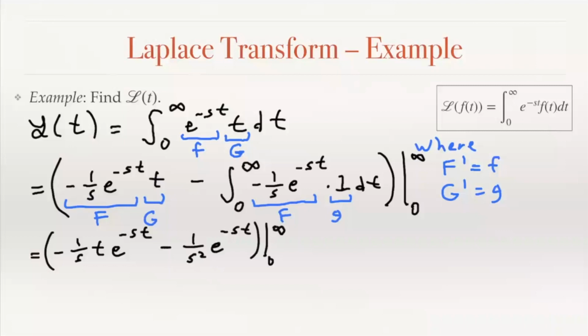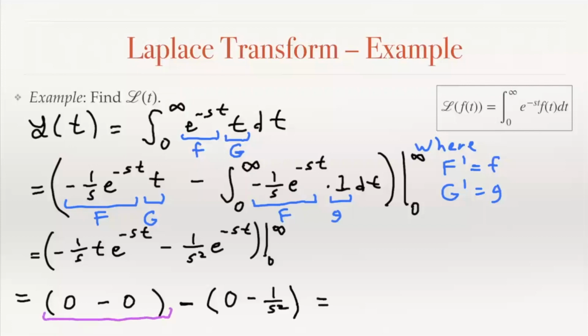The integral of negative 1 over s, e to the negative st, we divide by another negative s. We have a triple negative and a 1 over s squared, e to the negative st. Now evaluating this between 0 and infinity, it looks like this. This part is at infinity. As t approaches infinity, this approaches 0.